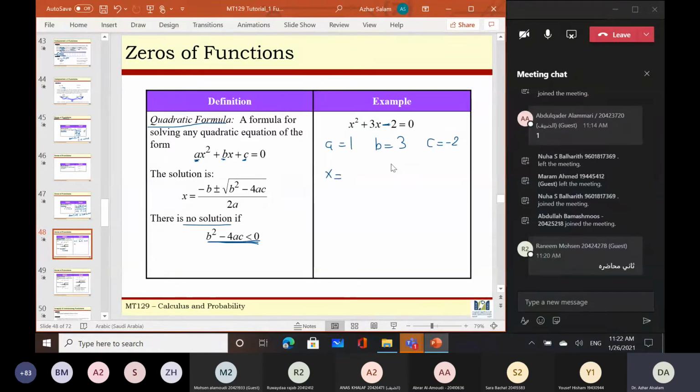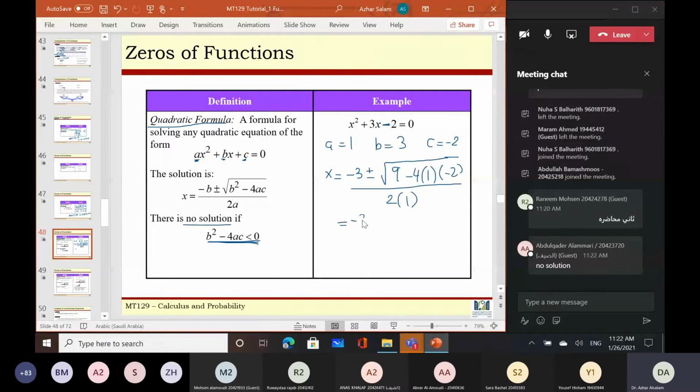So the value of x will be minus b, which is minus 3, plus or minus the square root of b square, which is 9, minus 4a, 1, multiplied by c, minus 2, divided by 2 multiplied by a, which is 1. Now to simplify, I have here minus 3 plus or minus the square root of 9.